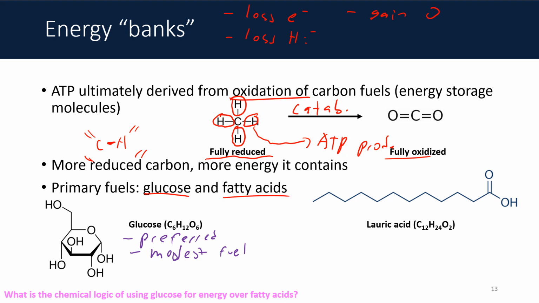And the reason why is that it is already partially oxidized. Count them up. We have 1, 2, 3, 4, 5, 6 oxygens in that molecule. That depletes the amount of energy available by occupying spaces that could have been carbon-hydrogen bonds.